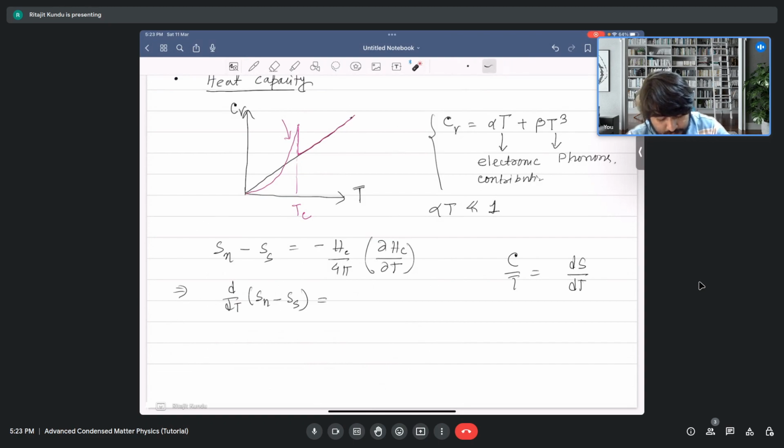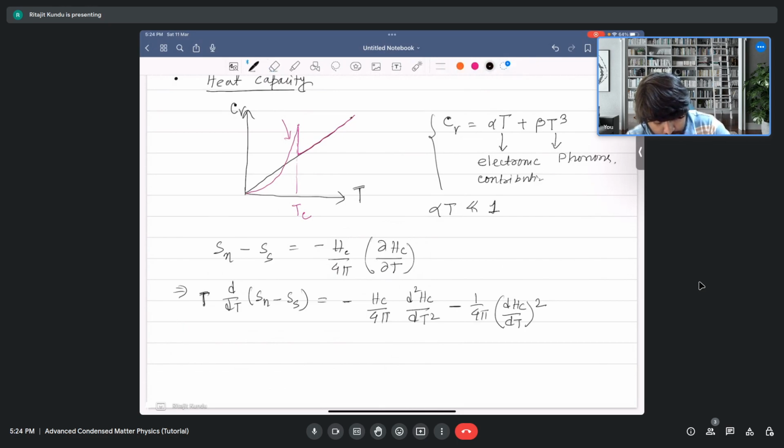there are two terms on the right hand side, so I'll do a product rule. The first term is Hc by 4 pi times d2 Hc dT2, and on top of that we have another term, 1 by 4 pi times dHc dT whole squared. With that we multiply by T to get the heat capacity.